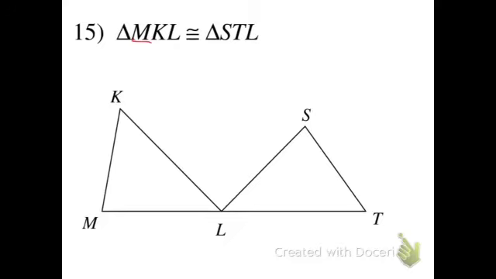On 15, M matches up with S, so I'm going to put my single arc there. K matches T, so I'm going to put my double arc there. I'm going to put the tick mark that's between those angles on both, because they'll match up, MK and ST. And then L is the last one for both.